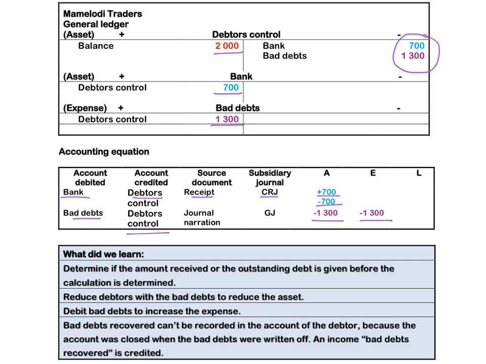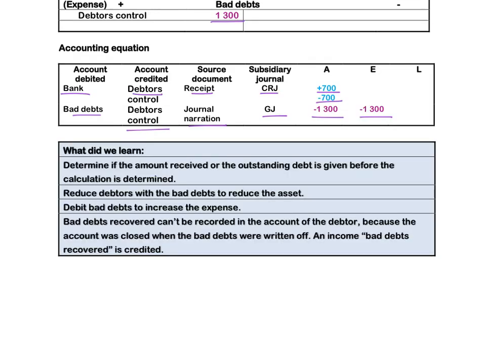Bad debts is recorded in the general journal, and a journal narration is used. When we write off bad debts, we have to determine whether the amount received or the outstanding debt is provided to ensure that you use the correct calculation. Reduce the debtors with the bad debts and with the amount received to decrease the asset.